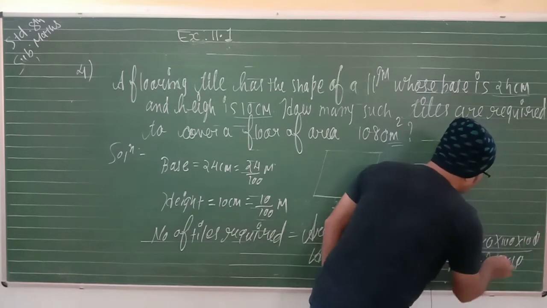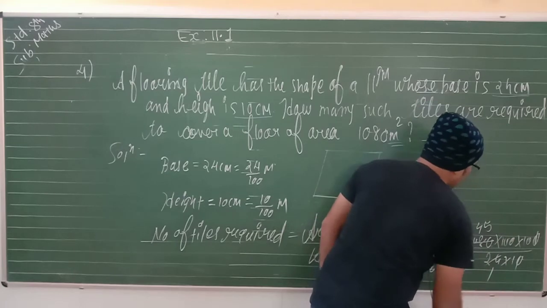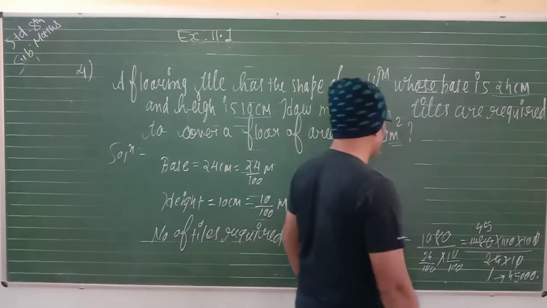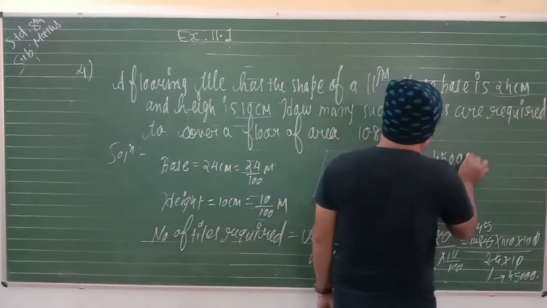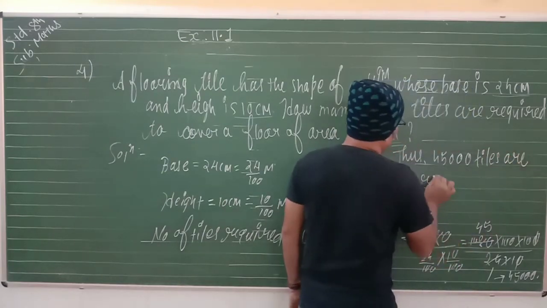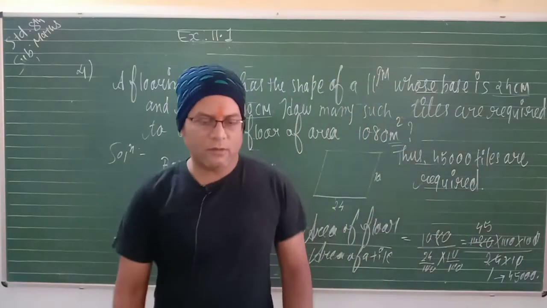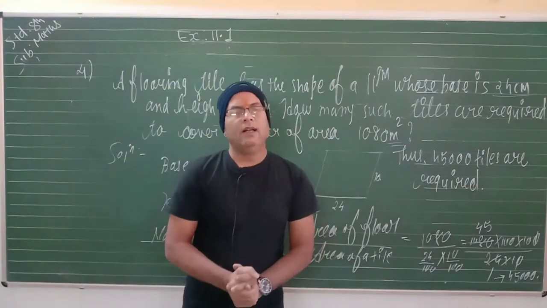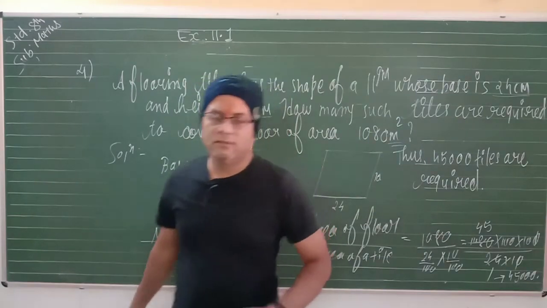Zeros cut, 24 ones are 24 and 45 into 1000: 45,000 tiles are required. Thus 45,000 tiles are required. So this is the way you can solve any sum, and this brings an end of exercise 11.1. Just take a look.